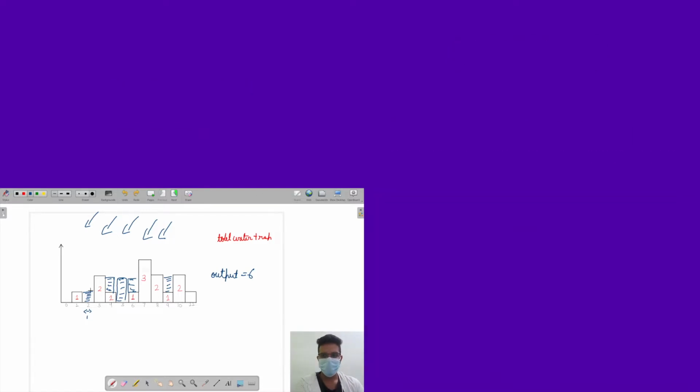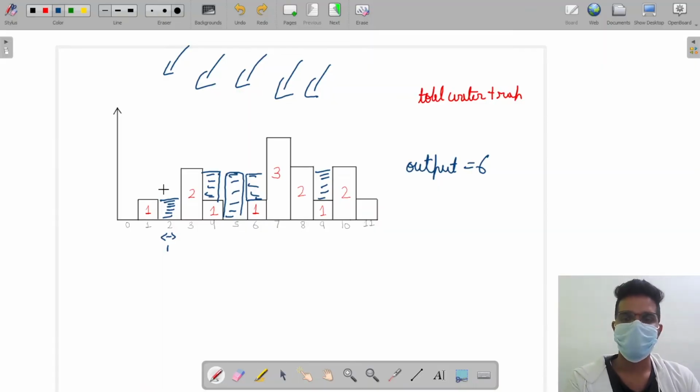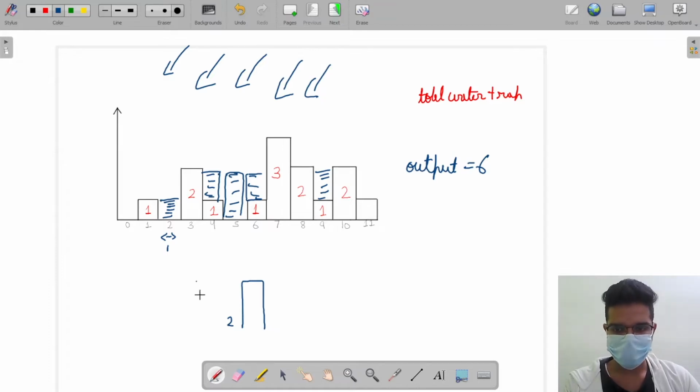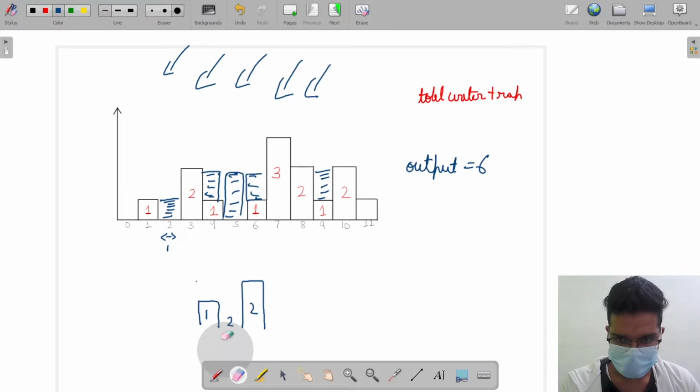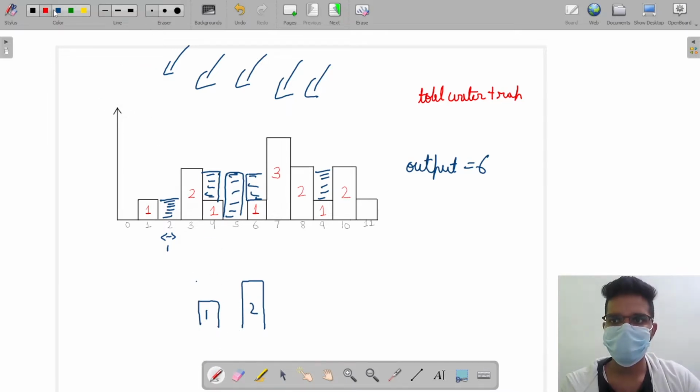Okay, now let's talk about index 2. Why is water trapping here? Because it has a building both at the left and at the right. So let's see for index 2. It has a building at the right as well as at the left, of 1 height and of 2 height, and its own height is 0.